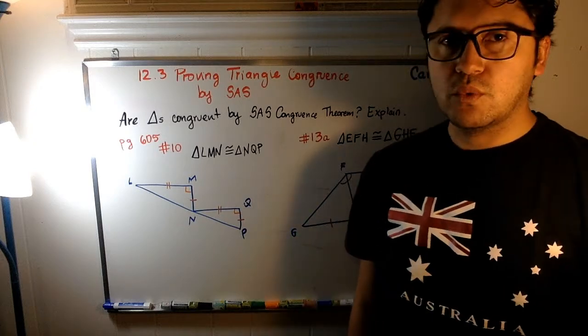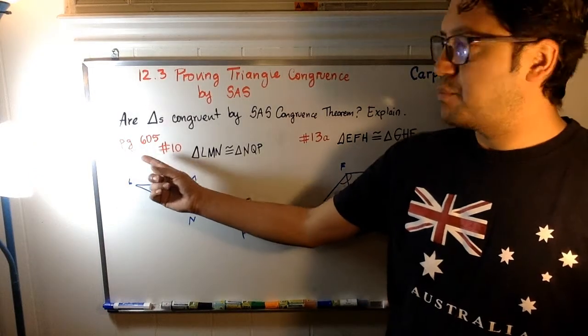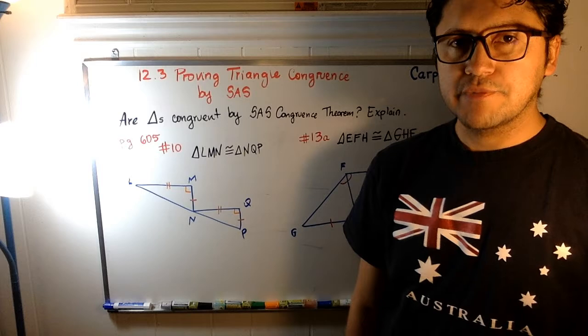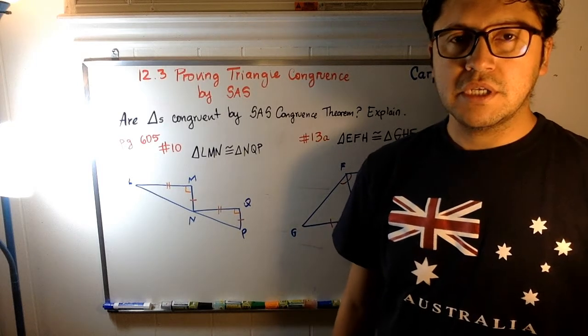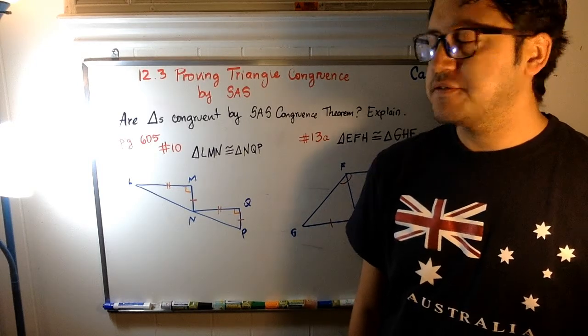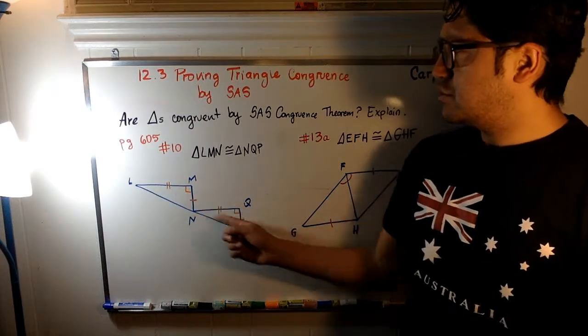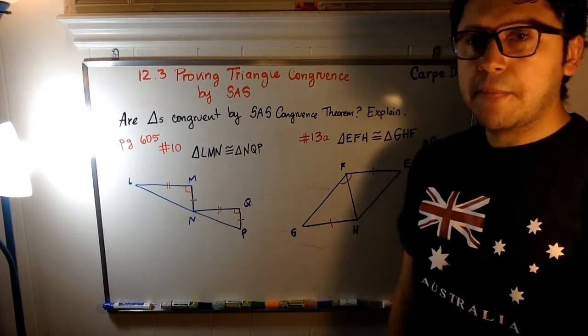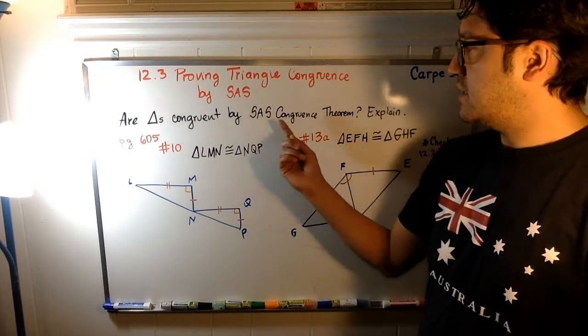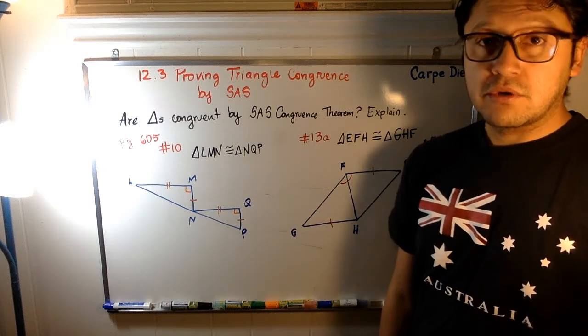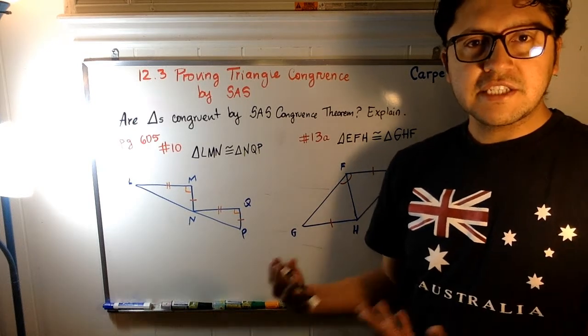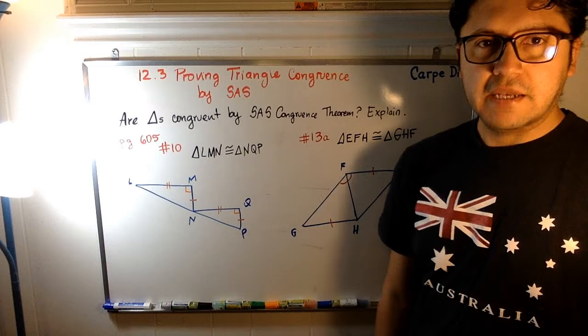I'm going to start with exercise number 10 from page 605 from the book. And the question in each of these exercises is if the two triangles are congruent by using the SAS Congruence theorem. So let's begin analyzing exercise number 10.